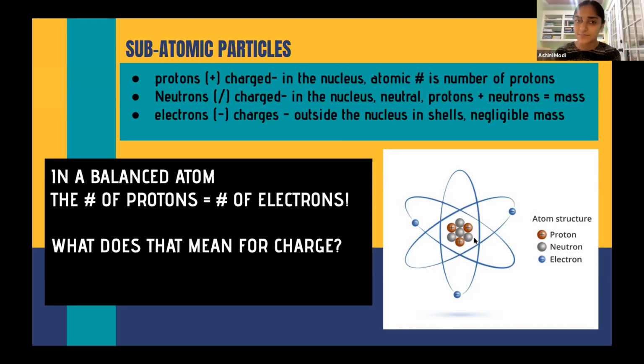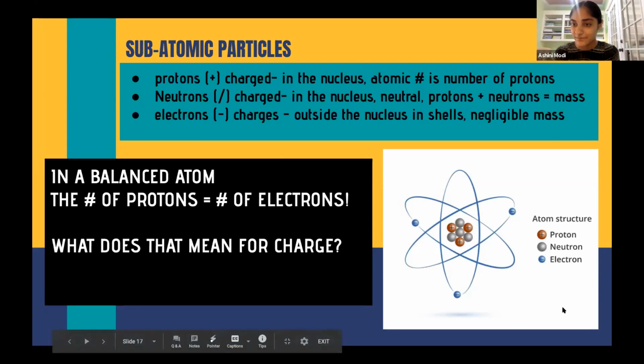In an atom that's balanced, the number of protons actually equals the number of electrons. So what does that mean for the charge of the entire atom? Raise your hand if you know the answer.